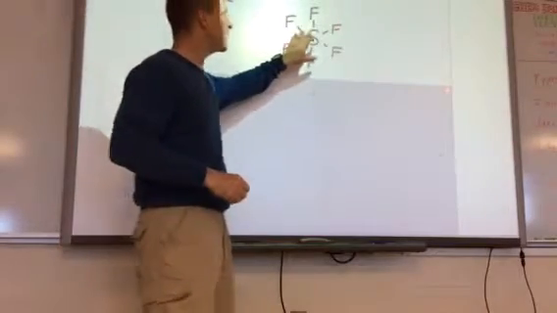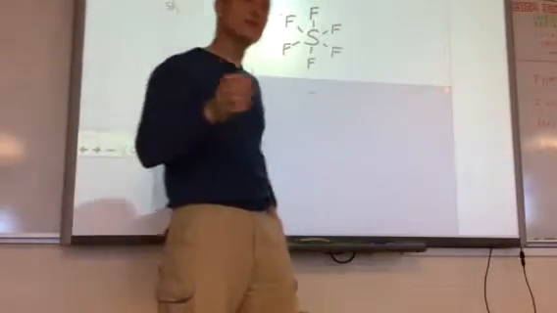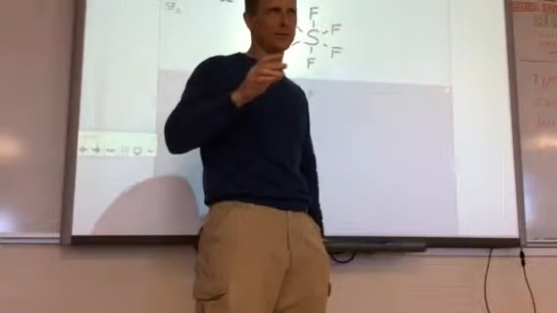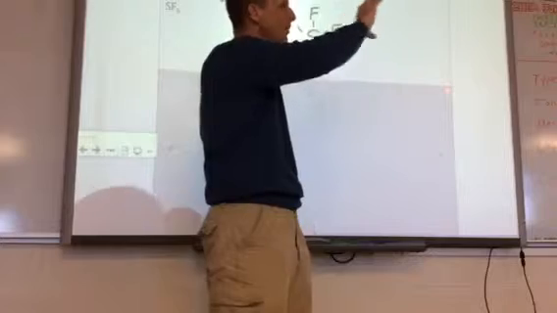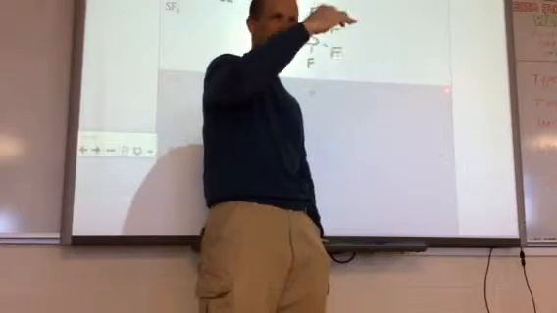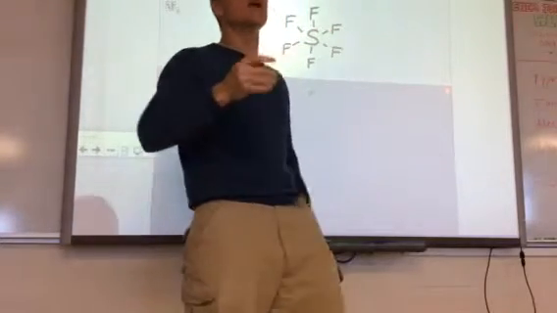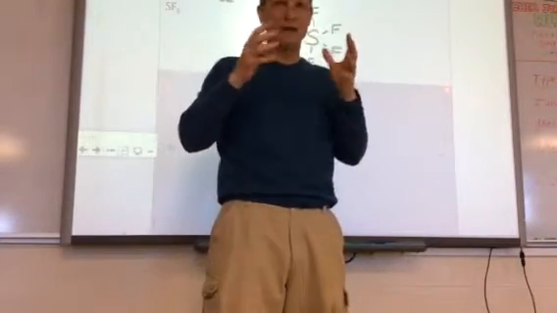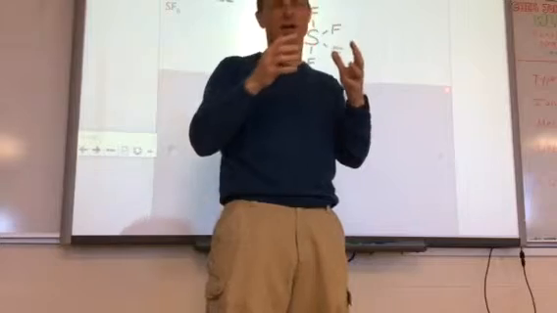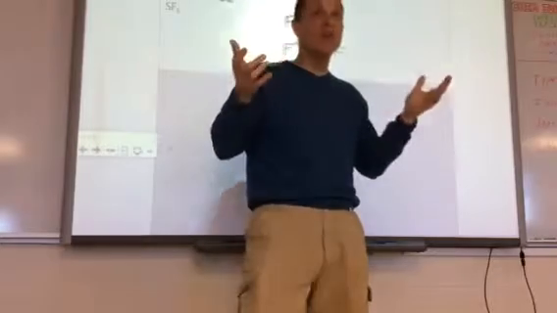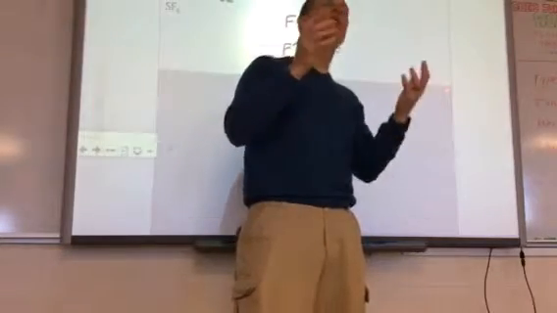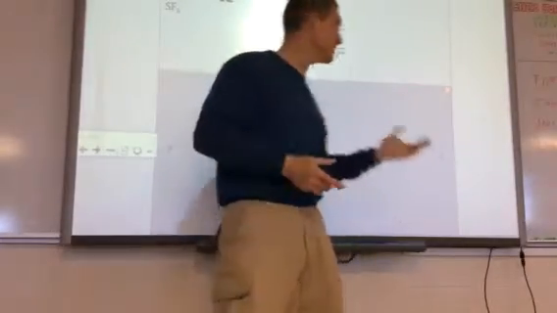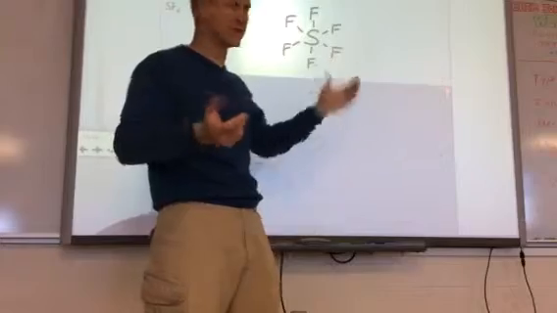If the central atom is a 3rd row or larger atom, so not carbon, nitrogen, oxygen, or fluorine, those are the 2nd row, those atoms are big enough to be able to expand their valence shell and have more than 8 electrons on it. I know we call it the octet rule, but there's a number of exceptions to it, and this is going to present one exception.